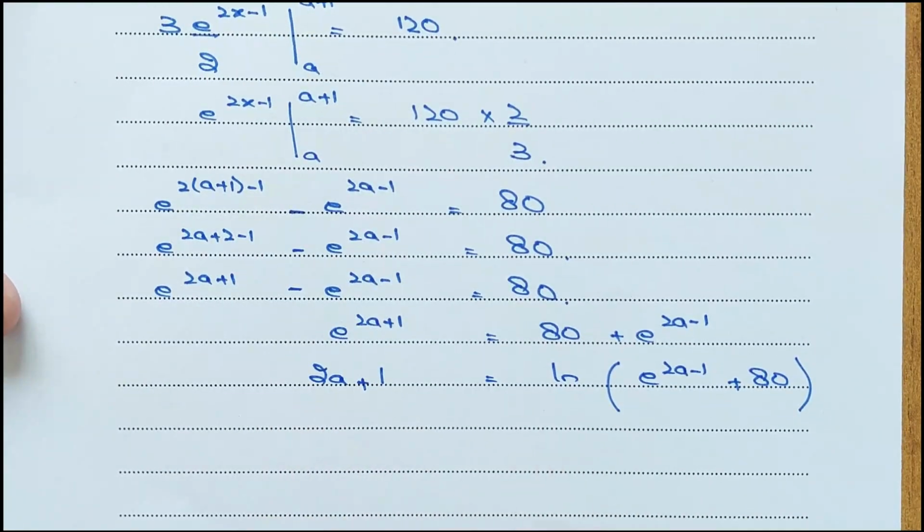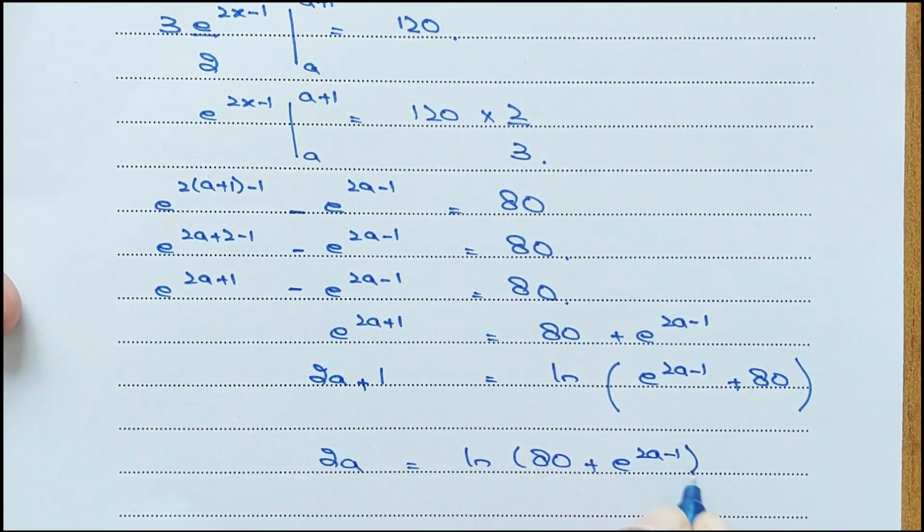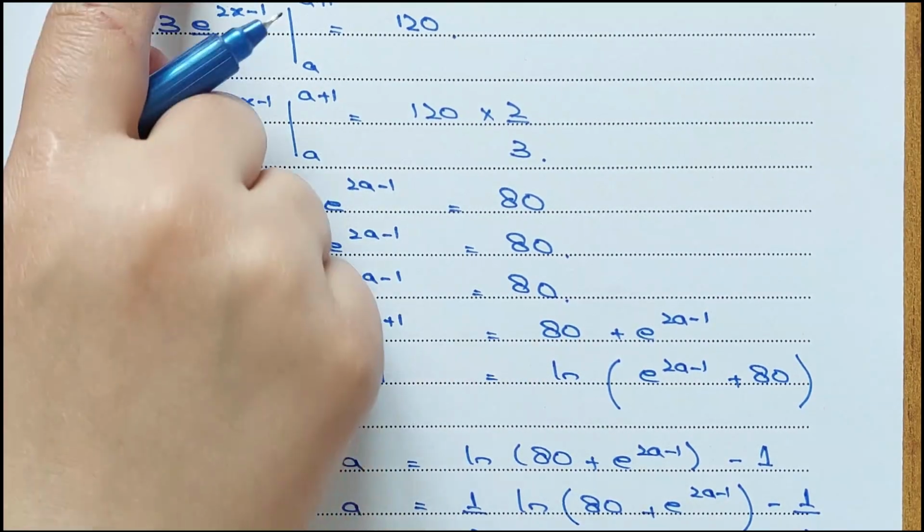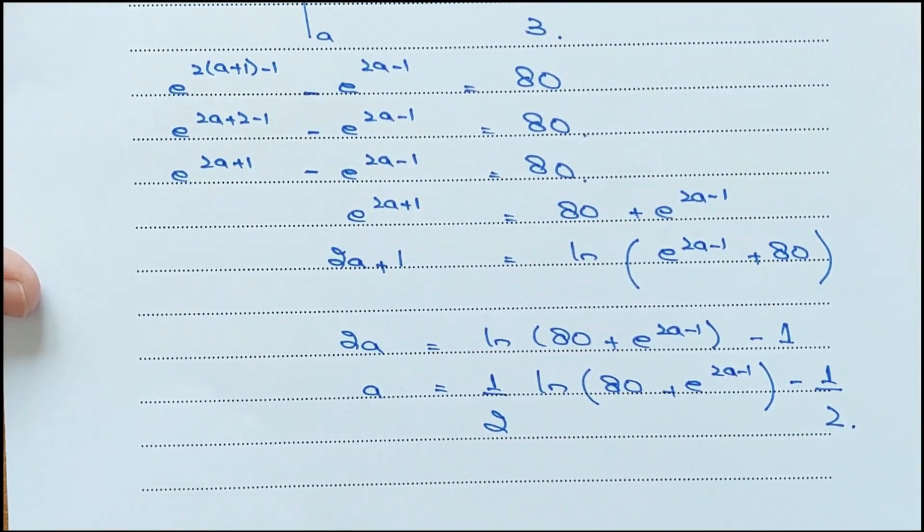Now let me solve for a. 2a would be ln(80 + e^(2a − 1)) minus 1, and the a value is (1/2) ln(80 + e^(2a − 1)) − 1/2. We got exactly the same a value, right?